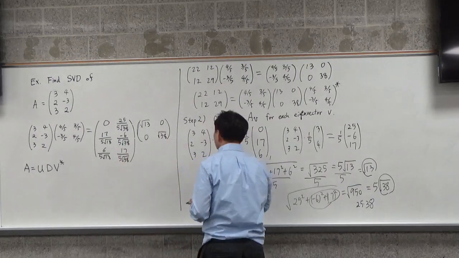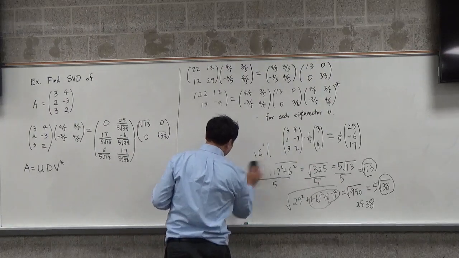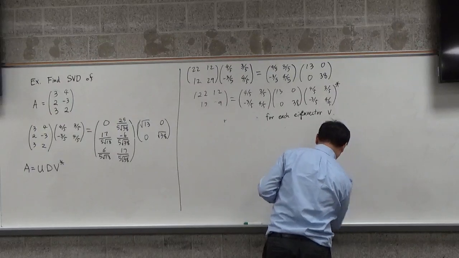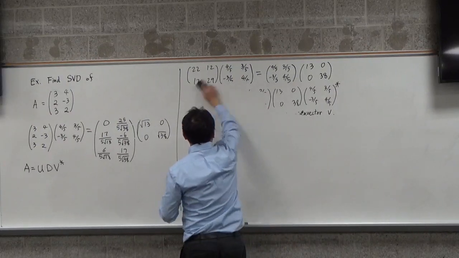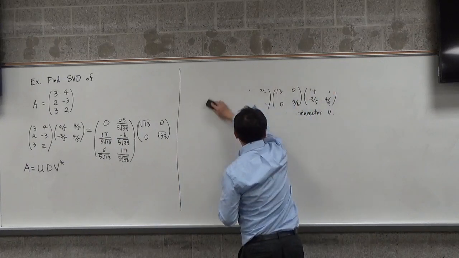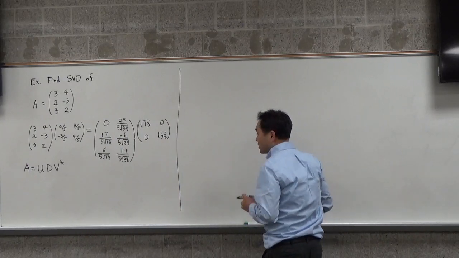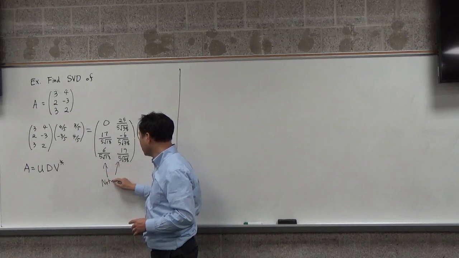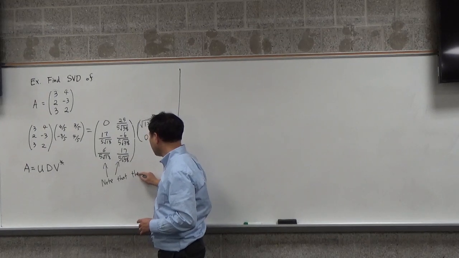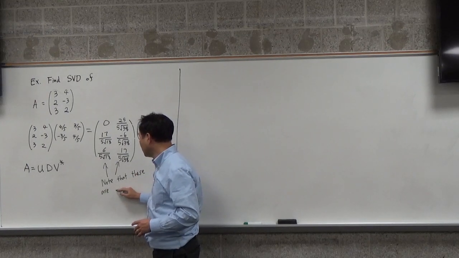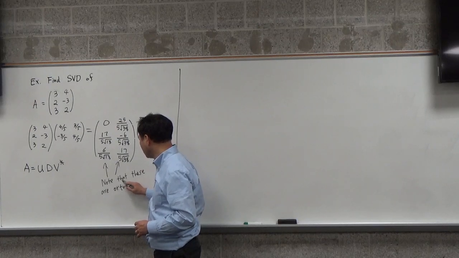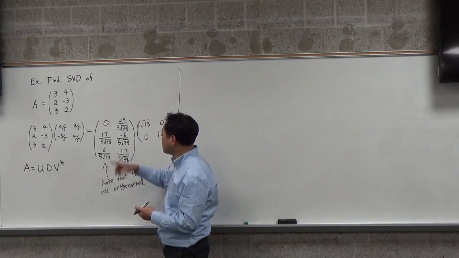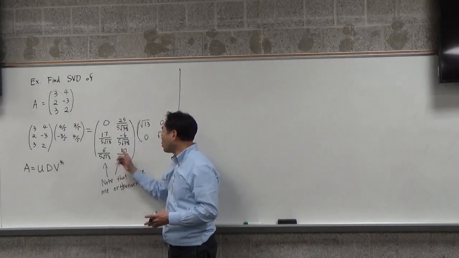So step 3 is to actually come up with the third vector. Maybe I should note that these are orthonormal. So first, they're normalized. These are unit vectors by themselves, and they're orthogonal to each other.